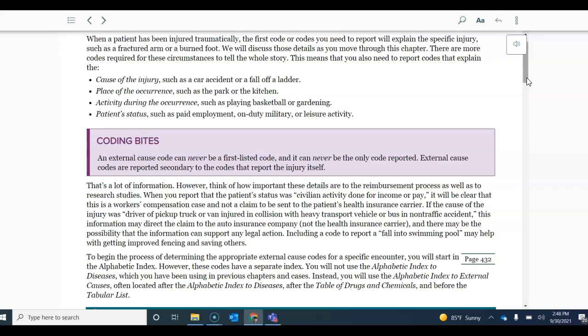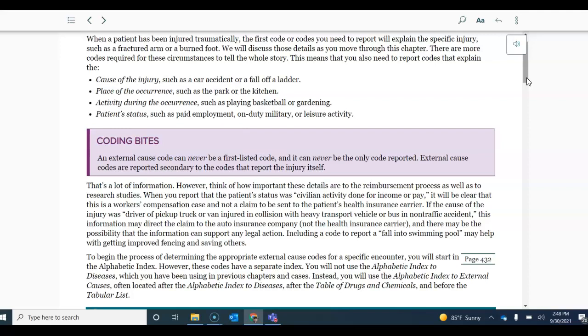If we're looking up a car accident, we're looking up the keyword of accident. Pause the video now and go back to your external cause code index and just look up the word accident and see how many entries there are there.